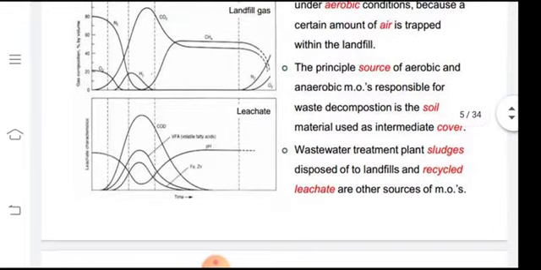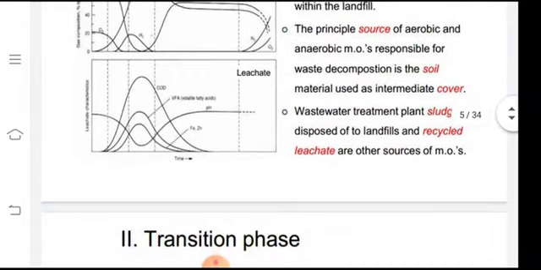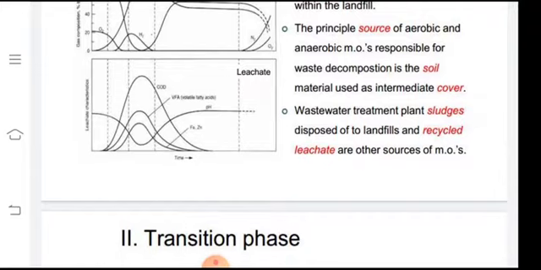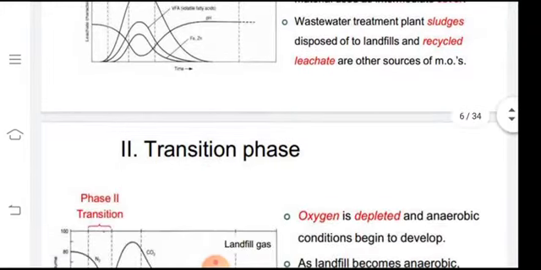Wastewater treatment plant sludges are also enriched with microorganisms, containing huge quantities of them. So that is also one of the sources in addition to the compacted clay. Recycled leachate also has this microorganism level.